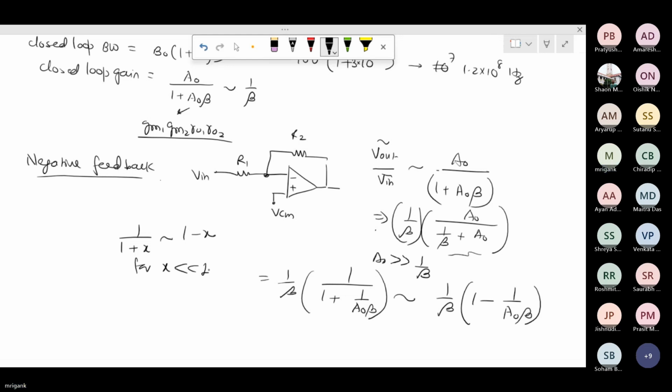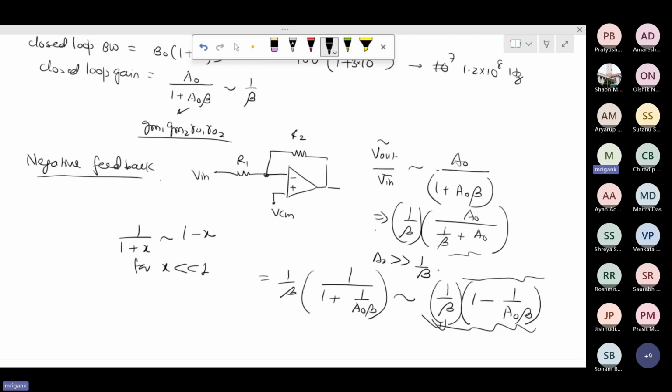So if this is the scenario, and now I tell you that I want the gain to be more than 1% precise, what should be the A naught beta value? Any inaccuracy in A naught will lead to inaccuracy in the gain. My gain should be defined only by this factor and not by that factor.